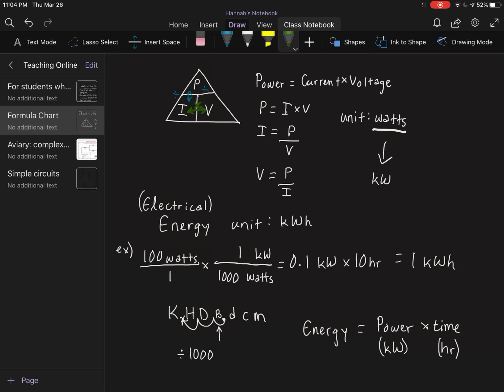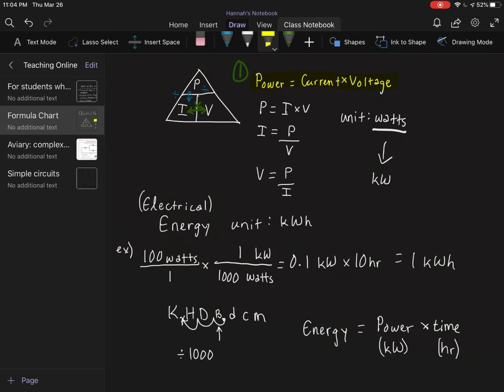So I'm going to label specifically what I want the formulas in your notes to be, and you're more than welcome to draw your triangles too. Okay, so this is my first formula. I'm going to highlight it.